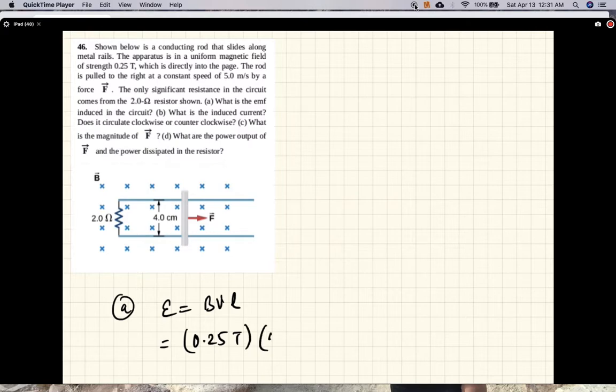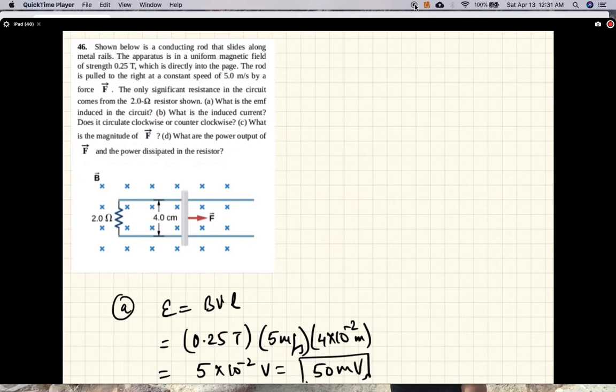It's being pulled at 5 meters per second, times 4 centimeters, that many meters. And so this works out to 5 times 10 minus 2 volts, equal to 50 millivolts. So that's the induced EMF.